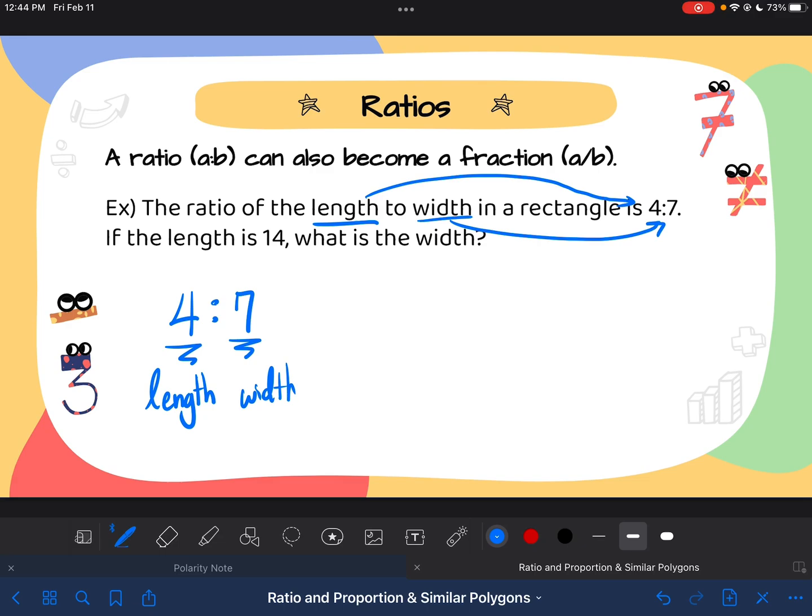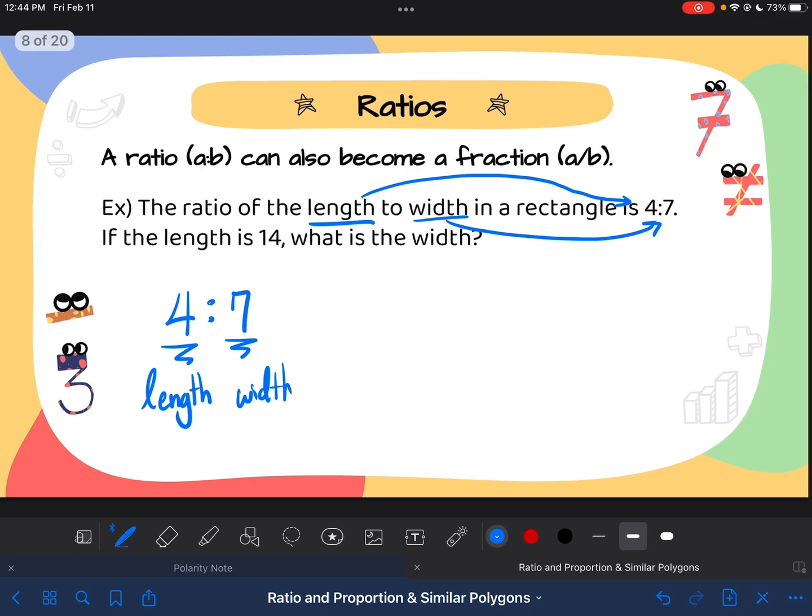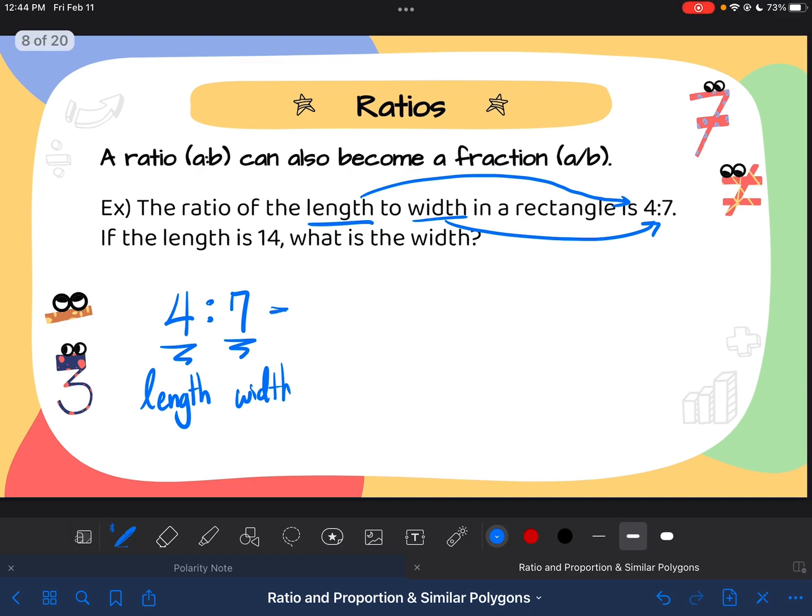So if we have the length of 14, I'm just going to write the same thing that we have done with proportions. If we talk about length and width, then obviously the next one would be length and width as well, because we need to make sure that we solve this in an orderly fashion. So if our length is 14, what is our width?